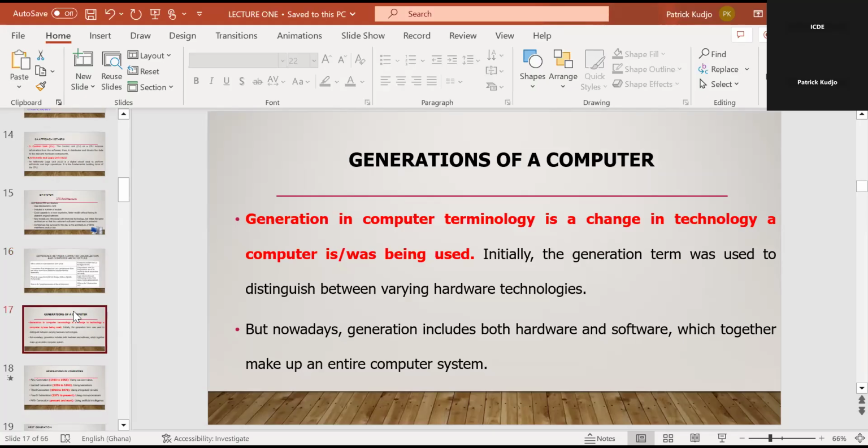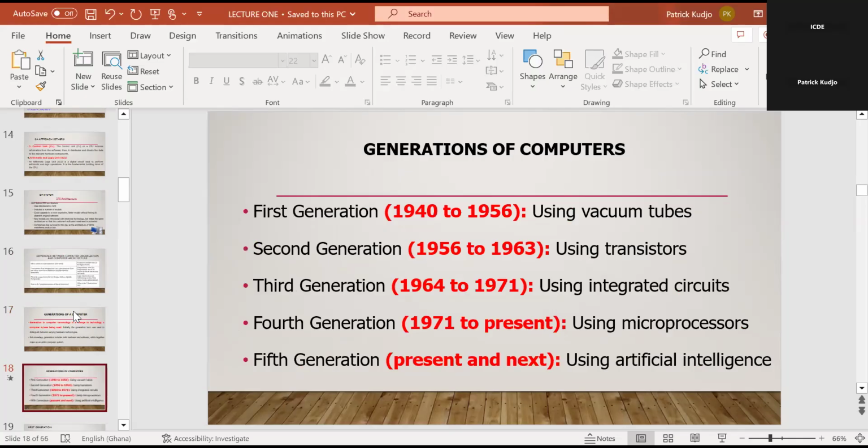I don't think I have to bore you on this lecture when it comes to the generations of computers, because you and I have gone through some of these in the fundamentals of computing. What are the generations? The first generation used vacuum tubes.